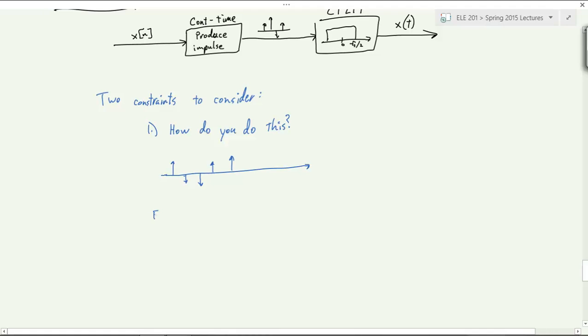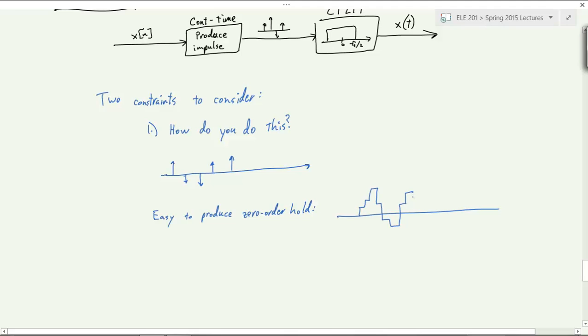So that's hard, but here's something very easy. We've already mentioned that it's easy to produce a zero-order hold. Unfortunately, we don't really want the zero-order hold, so that would be something like this. These aren't supposed to be the same signal. I'm just drawing.